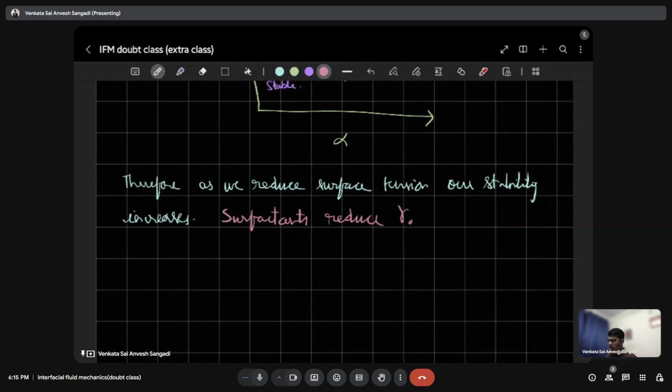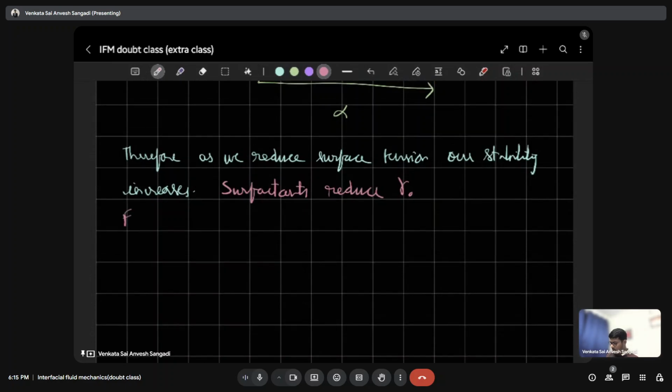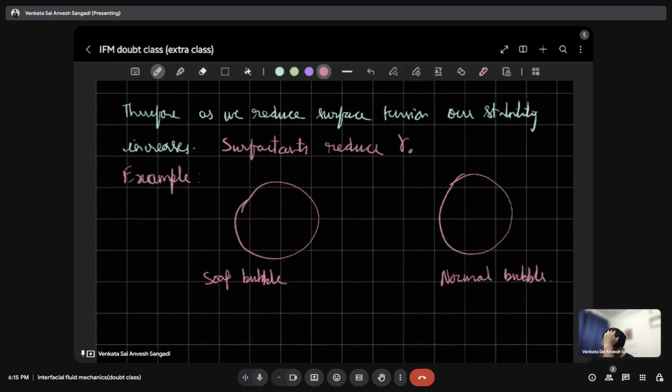We can also see this through an example. Another example is that you have a soap bubble and you have a normal bubble. In real life, you must have noticed that the soap bubble is more stable.